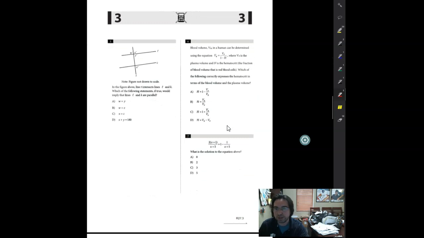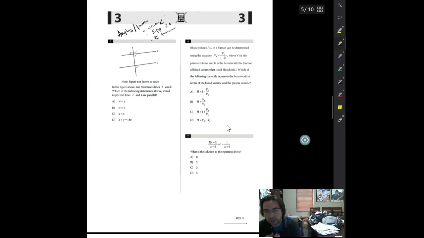Okay, let's look at number 5 here. We see this is an angles and lines question. Traditionally in these problems, you're going to be tested over vertical angles, supplementary angles, and Z transversals.